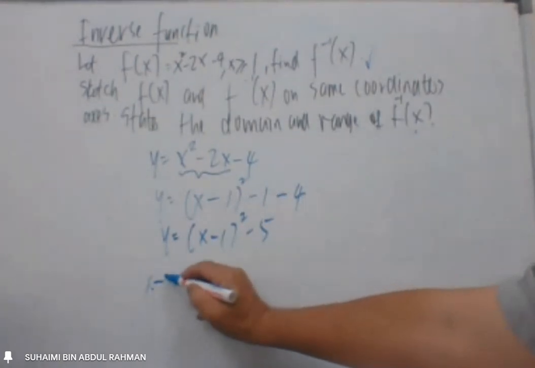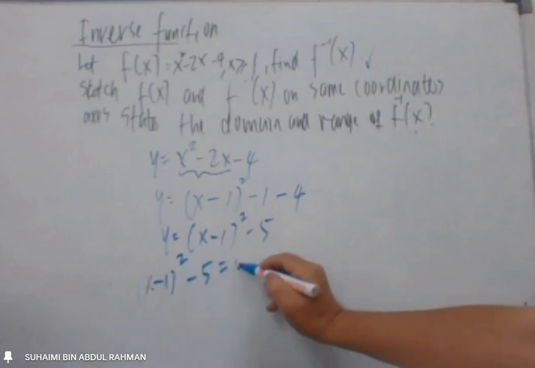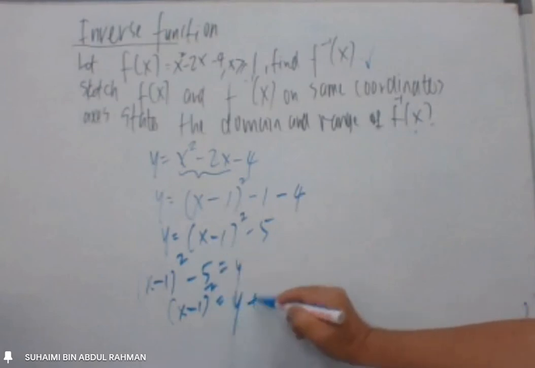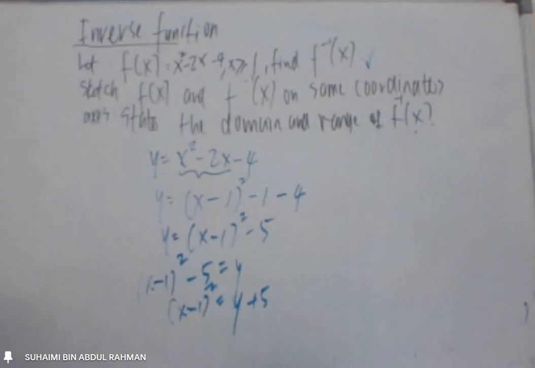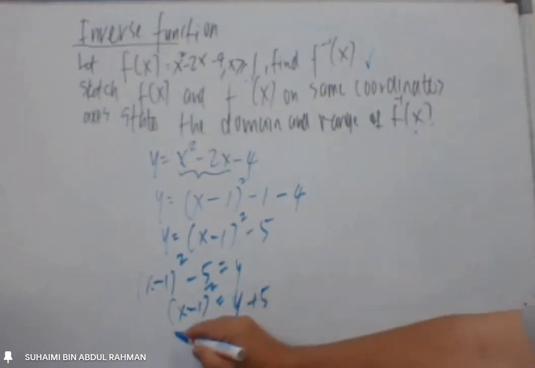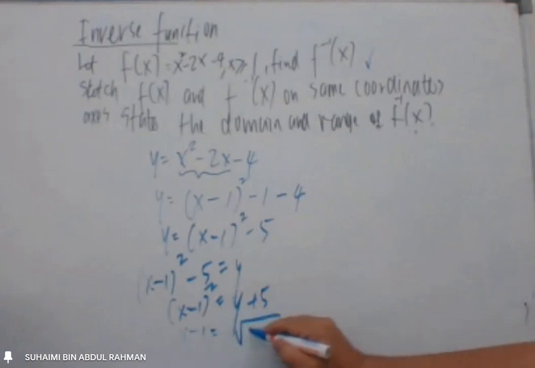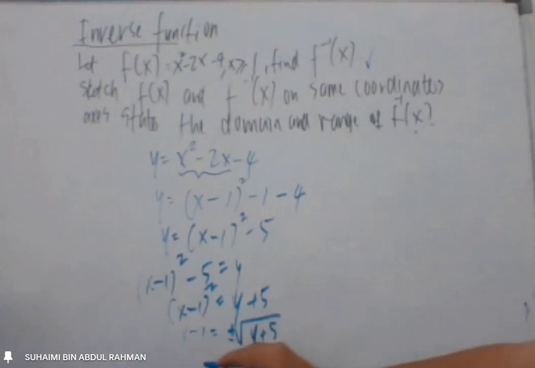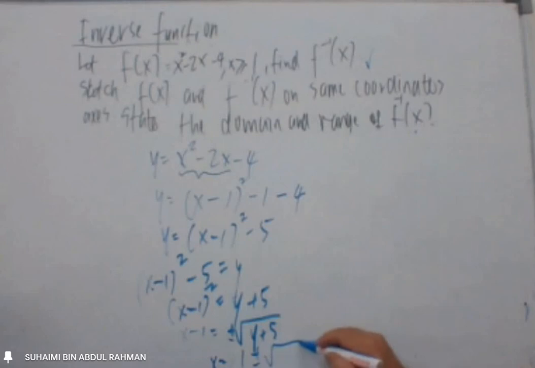We write x minus 1 squared minus 5 equals y. x minus 1 squared equals y plus 5. x minus 1 is plus or minus the square root of y plus 5, so x is 1 plus or minus the square root of y plus 5. f inverse is 1 plus the square root of x plus 5.